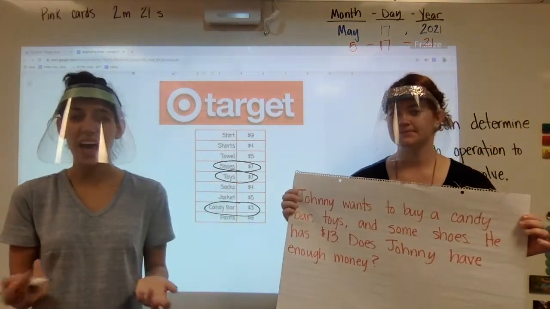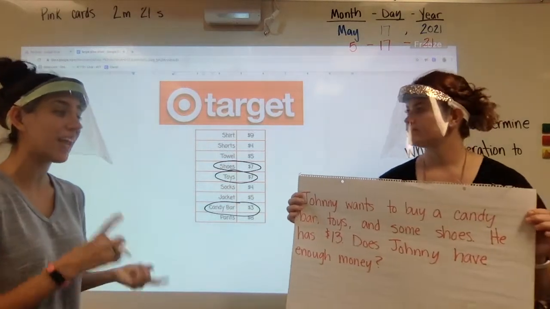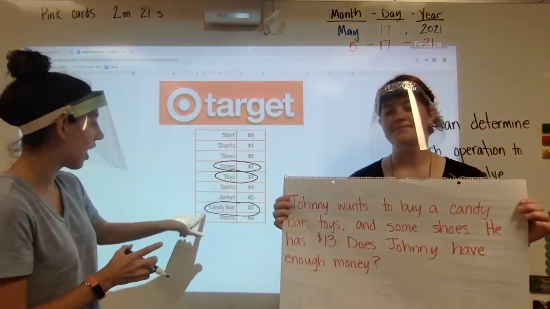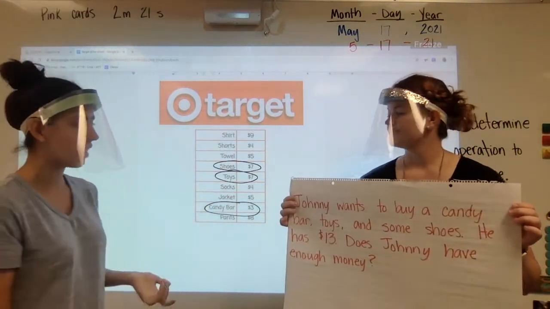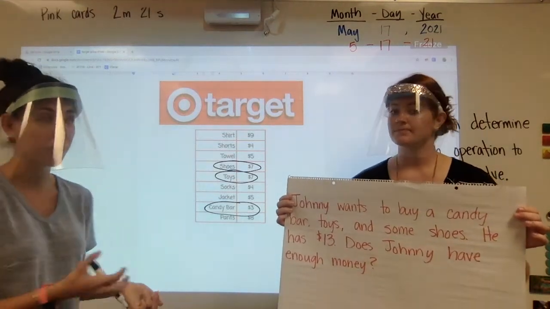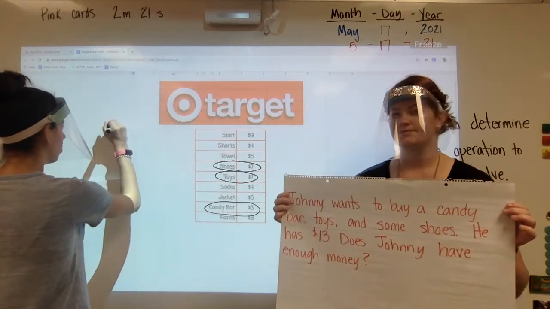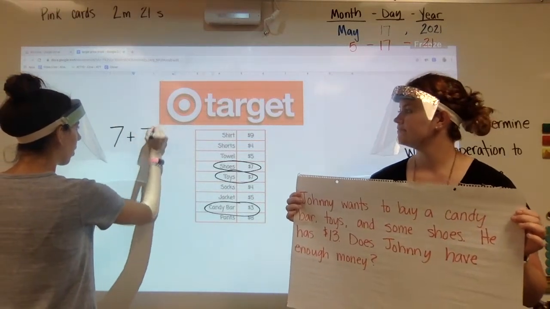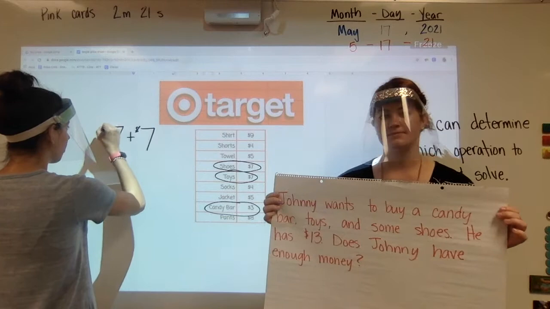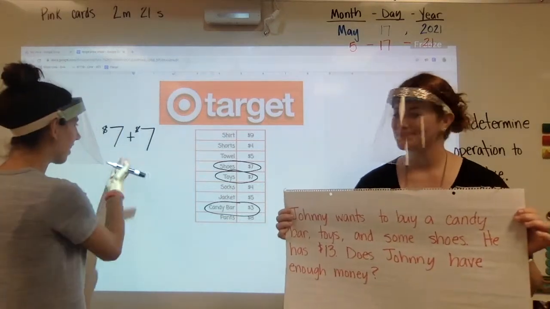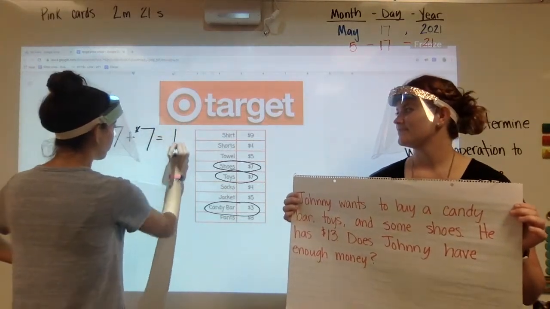So I guess I'm going to add, because I see that keyword "and" in there. So I know that he's going to add all of these totals together and see, is it less than or more than $13? Oh, well, right away I'm noticing the shoes and the toys are both $7, which is one of our doubles facts. 7 plus 7 is 14.